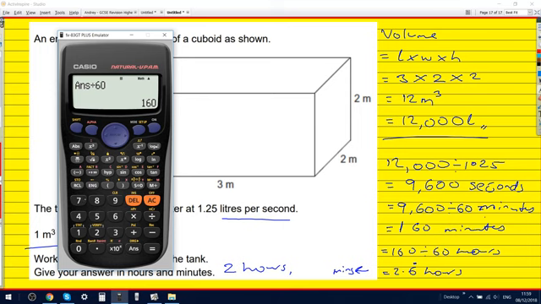You could do 0.6 recurring times 60. Okay. Do you know how to do that? I think so.